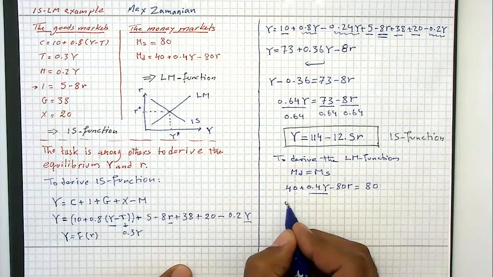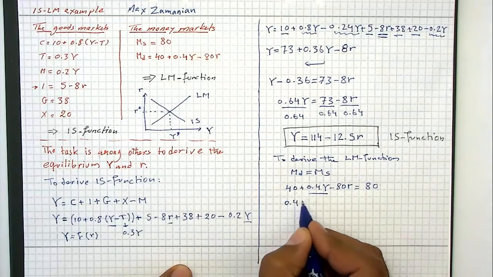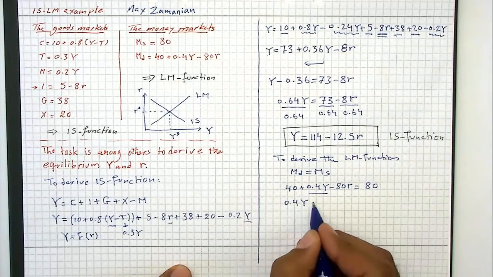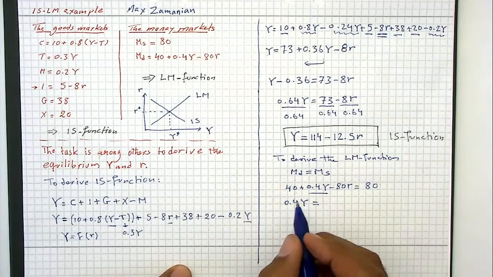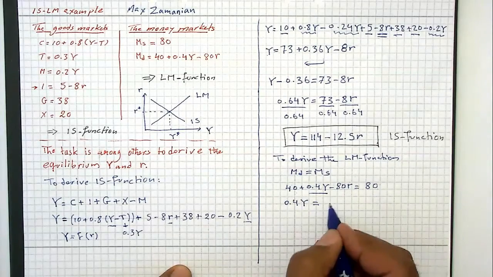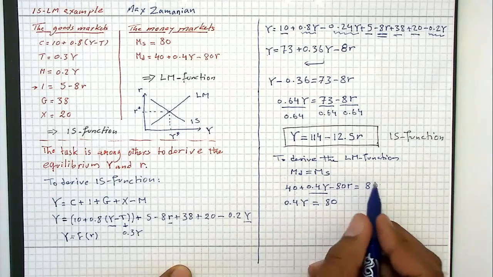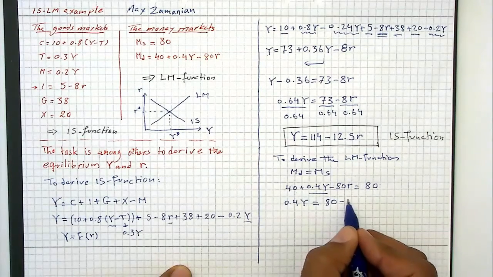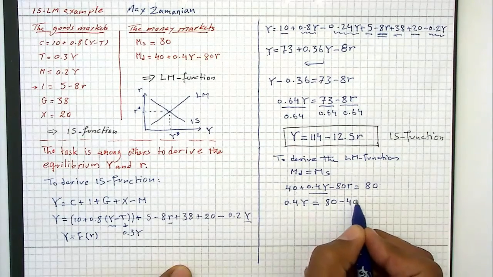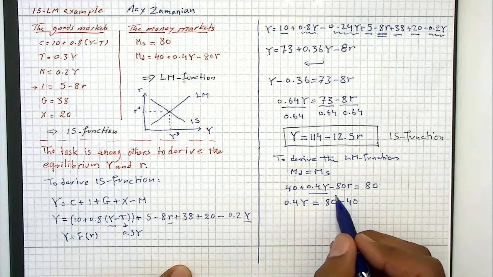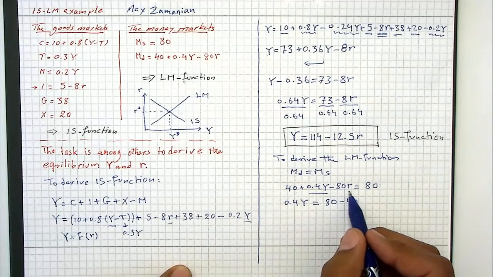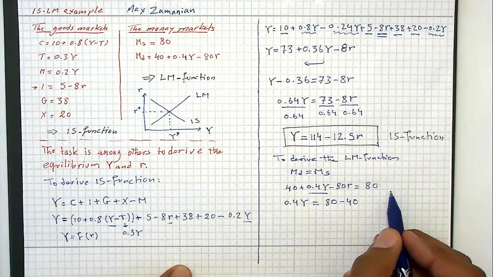So I have 0.4 y on the left hand side. On the right hand side I already have 80. I move 40, I'm sorry, I move 40 to the right hand side. I change the sign. Also I move this term minus 80r to the right hand side.